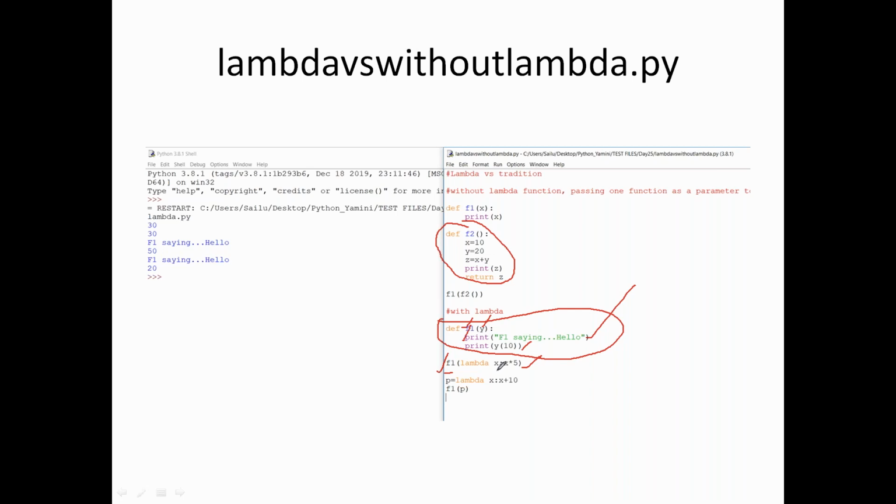I'm not passing the x value, but colon x multiply 5. When coming to function 1, I already mentioned it's 10, so it takes the 10, passes it to x, and x multiply 5 is 50, which will be displayed. Are you getting it? Okay. Yeah.